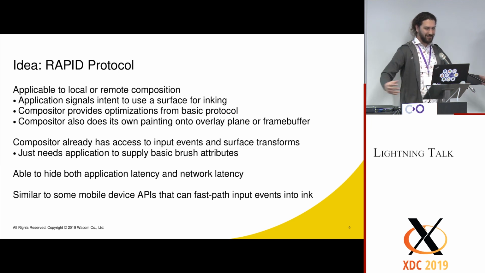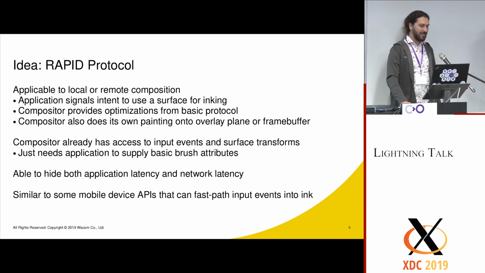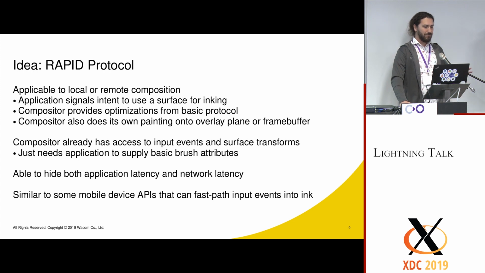Rapid is kind of an extension of this basic idea, trying to get the latency as close to 0 as possible. The idea here is that you could again have your application signal intent to use a surface for inking, and then the compositor, in addition to applying those basic optimizations, would do its own painting on behalf of the application.